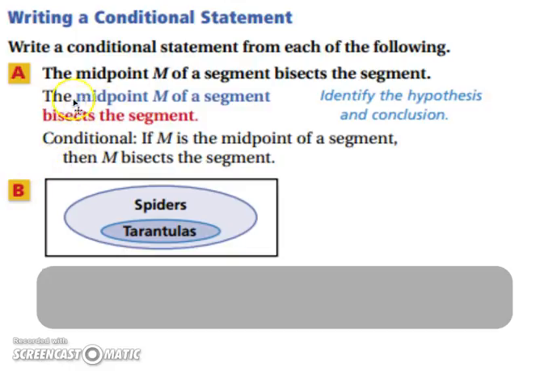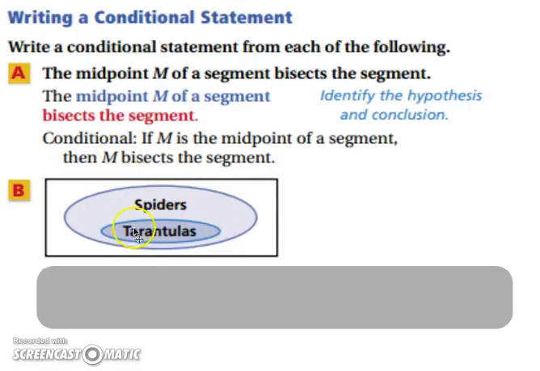The midpoint M of a segment is your hypothesis, and bisects the segment is your conclusion. Put an if in front of one part and a then in front of your conclusion. So, if M is the midpoint of a segment, then M bisects the segment. Step one, just like we did before, identify which piece is your hypothesis and which is your conclusion, and then put your if and then in.